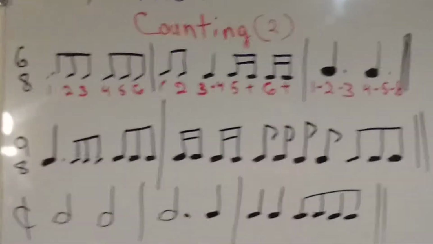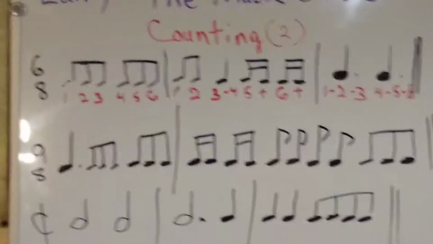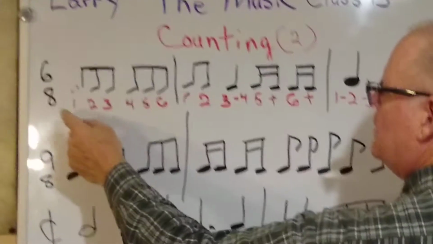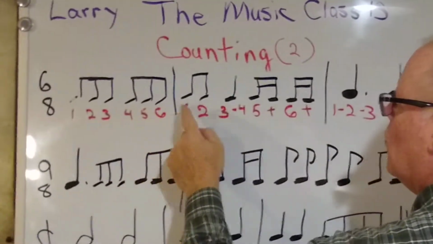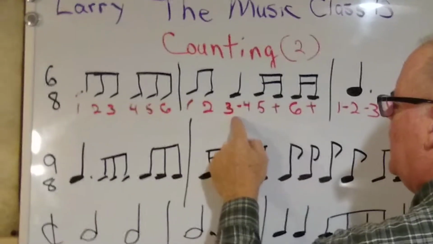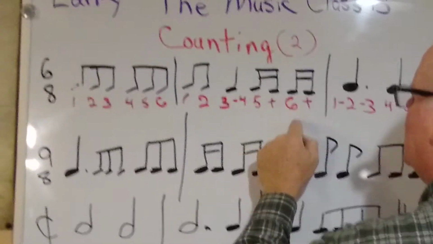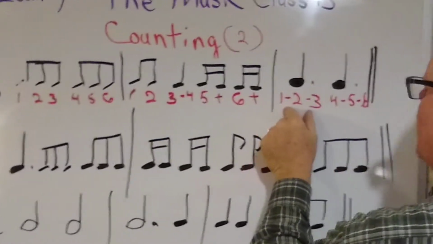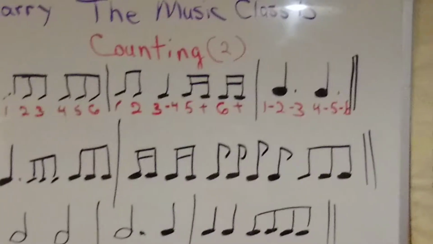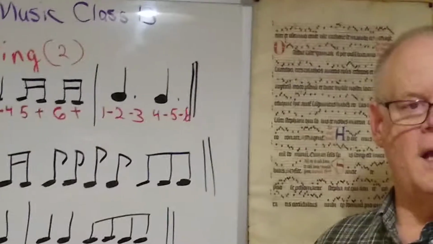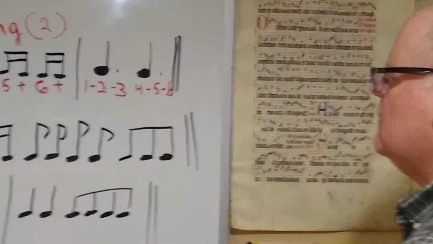Barely got that in there. So it would come out like this. 1, 2, 3, 4, 5, 6. 1, 2, 3, 4, 5, and 6. And 1, 2, 3, 4, 5, 6. Did you see where I broke up the notes and where I kept them together all connected?